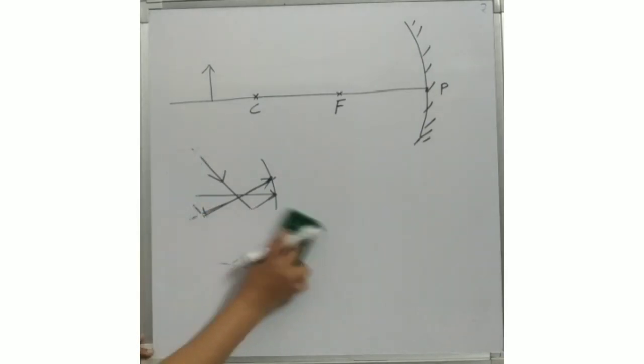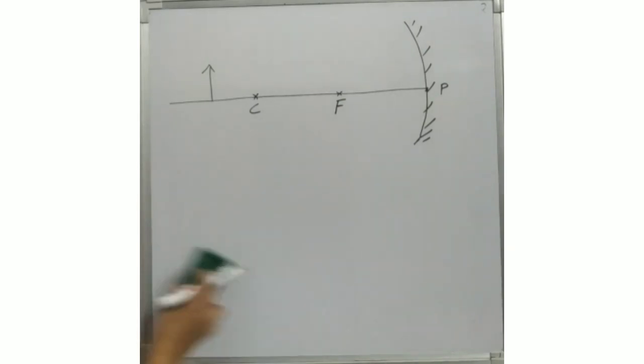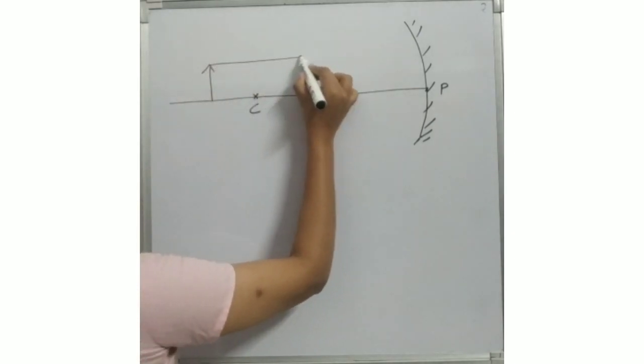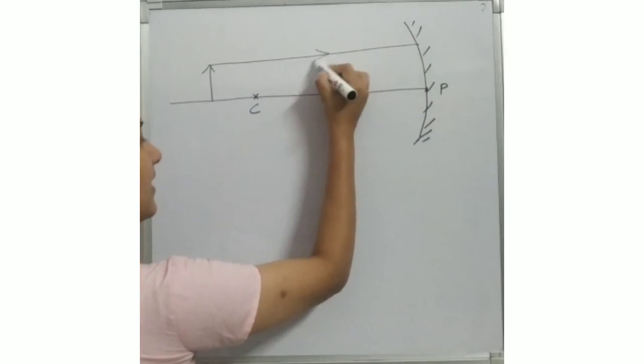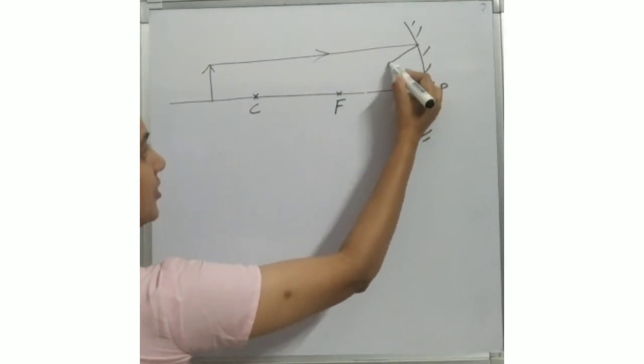So out of these 4 rules, any 2 rules we can take here now. First one, I am choosing, if a ray comes parallel to principal axis, it will reflect through focus. That is the first consideration here.